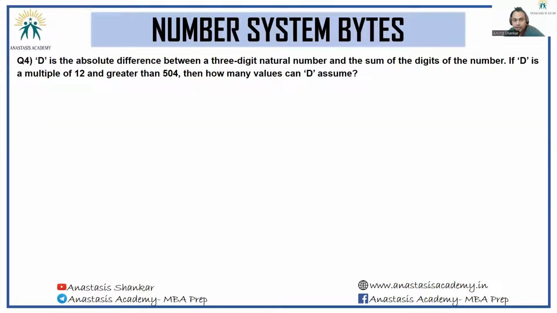Okay. If D is the absolute difference between a 3-digit natural number and the sum of the digits of the number. Okay. So a 3-digit natural number will be referenced this way.